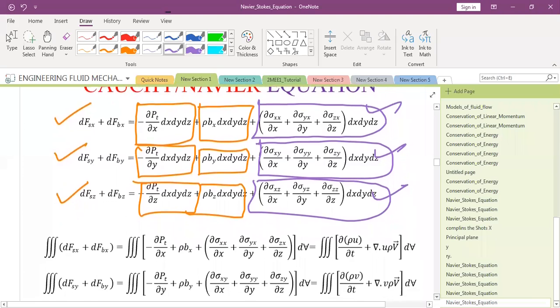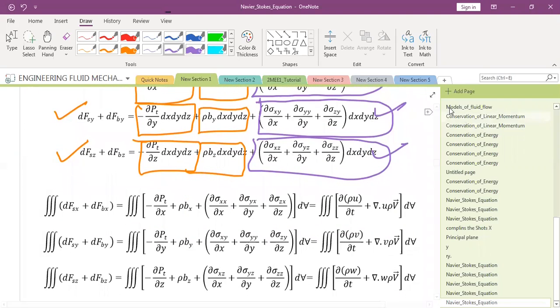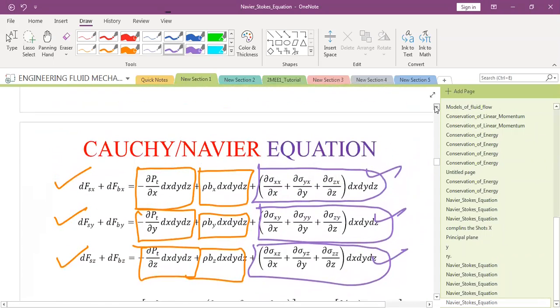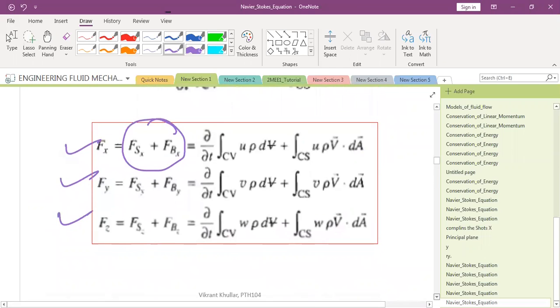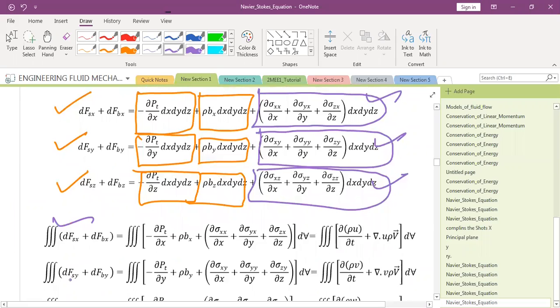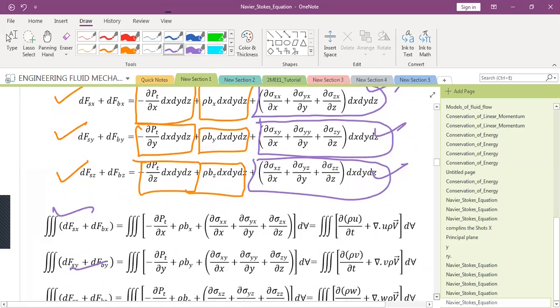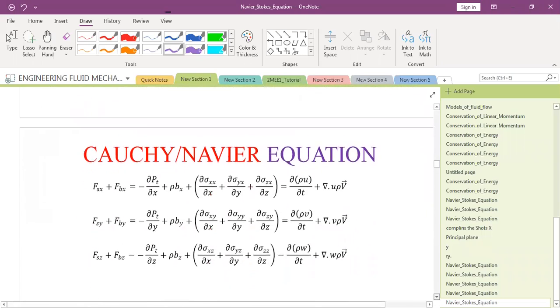So applying Reynolds transport theorem, this is the Reynolds transport theorem in X, Y, and Z direction. I am simply substituting Fsx, Fbx as integral of these terms, and I finally get this as the answer.